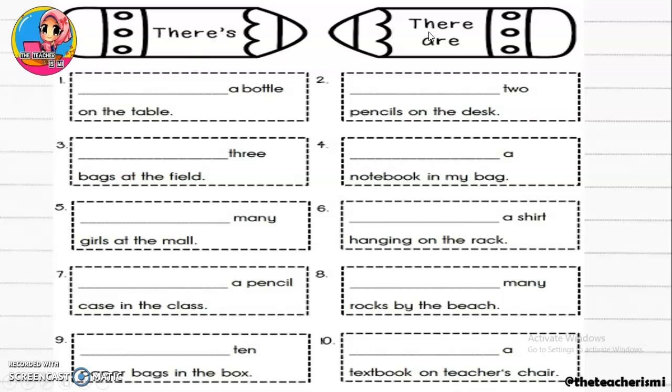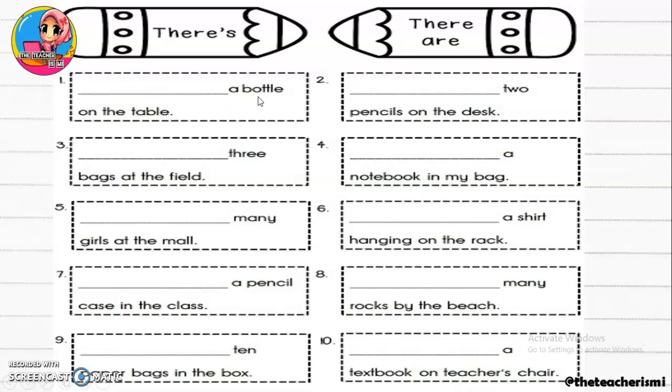Okay, so there's, there are is the answers. Ni dua ni adalah jawapan yang perlu kamu isi dalam tempat kosong. So as I said before, seperti teacher kata sebelum ni, kamu kena tengok perkataan selepas tempat kosong untuk tahu which one is the answer. Yang mana satu jawapannya. Okay, itu clue-nya. Tengok selepas tempat kosong.